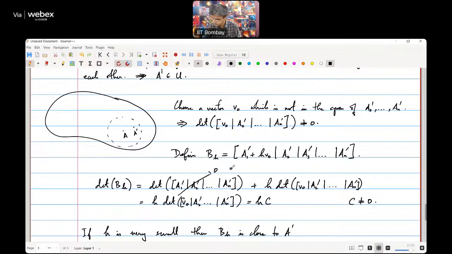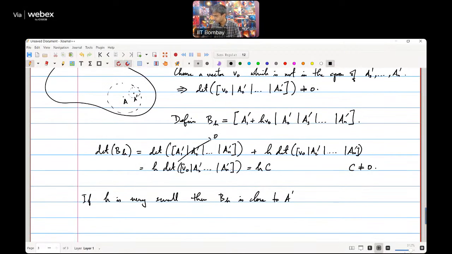So if H is very small, then BH is going to be in some epsilon neighborhood of A prime, and therefore it is going to be inside this open subset U, right? And so this implies that f of BH is going to be contained inside f of U, right? But f of BH is what? It's just H times this constant C.